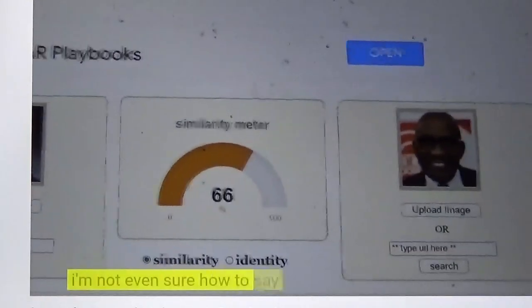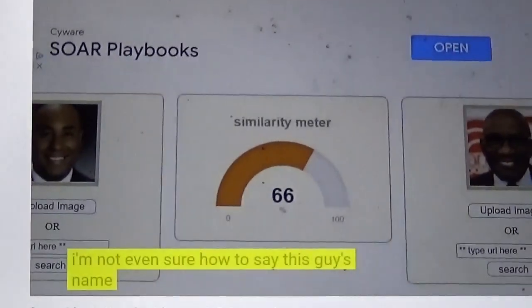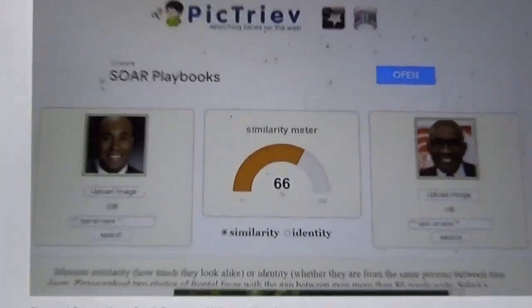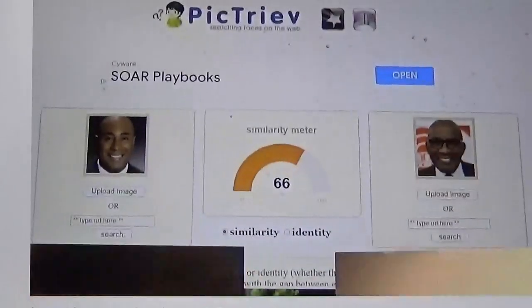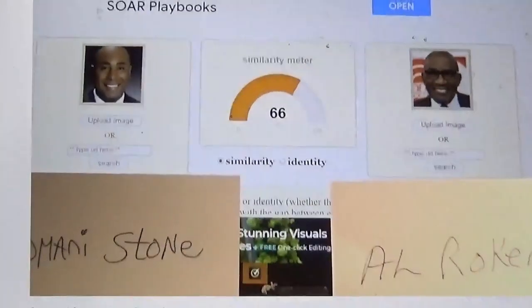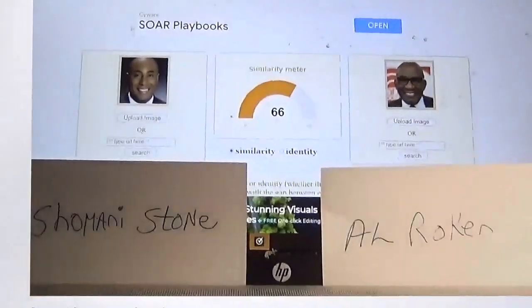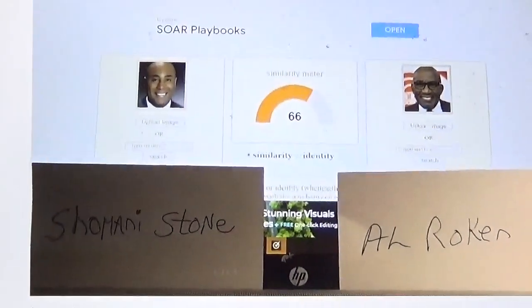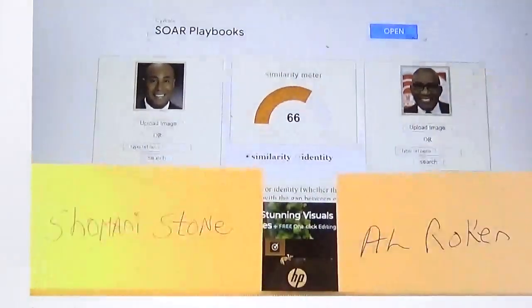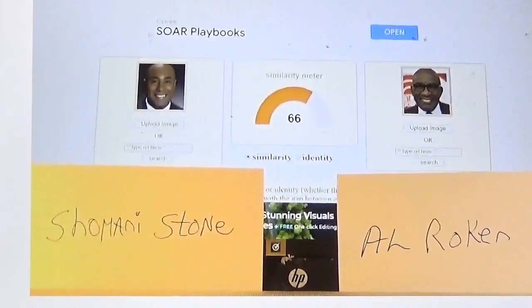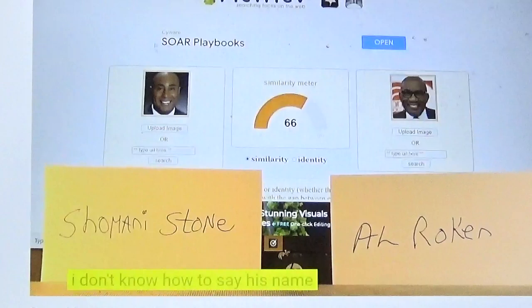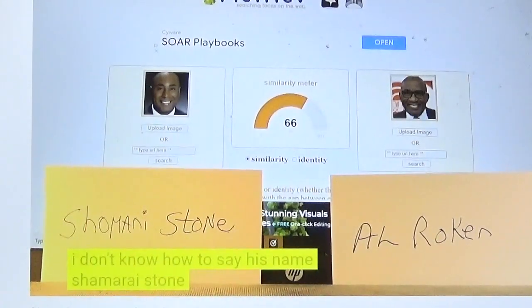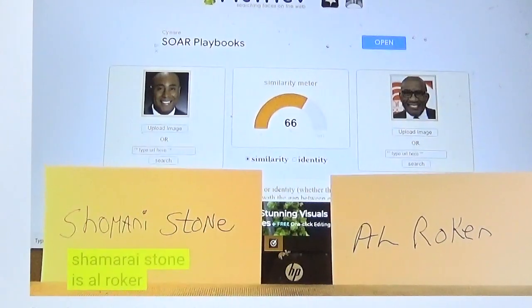I'm not even sure how to say this guy's name. I don't know how to say his name. Shamari Stone is Al Roker, the newsman.